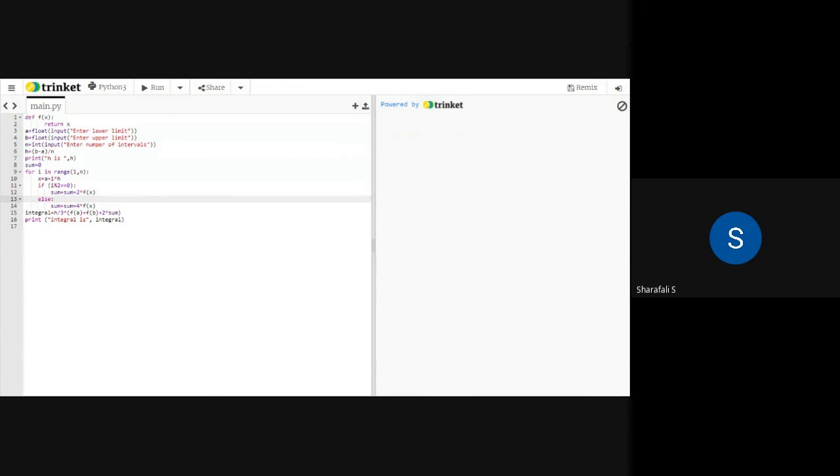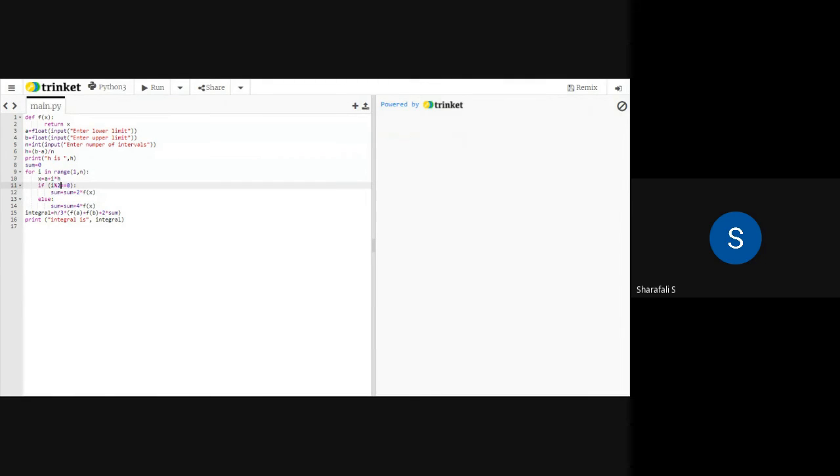So when I equal to 1, it will directly go to this step, so that it will take sum equal to sum plus 4 times f of this one will be x1, right? X equal to a plus ih, that is a plus h, that is x1. So 4 times f of x1 will come here. The next time I will become 2.